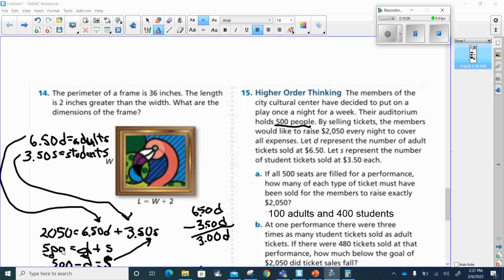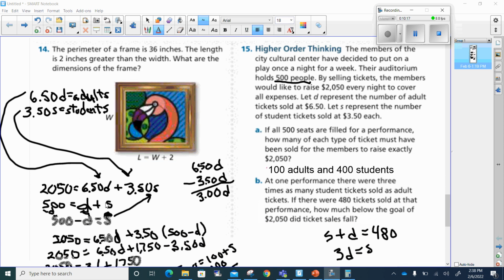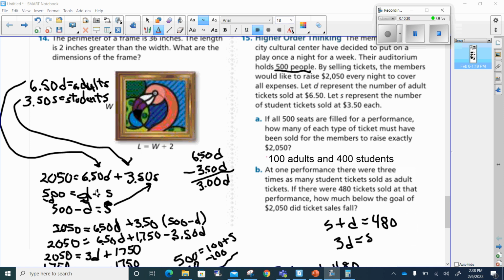So the 500 seats is going to be equal to D plus S, the number of adults and the number of students. Now I can go ahead and move this equation around so I know what S is. I'm going to subtract D from this side, which means I'll subtract D from this side. And that's going to give me 500 minus D equals S.